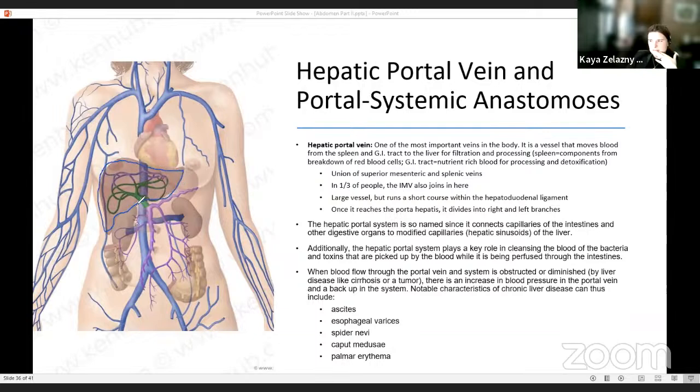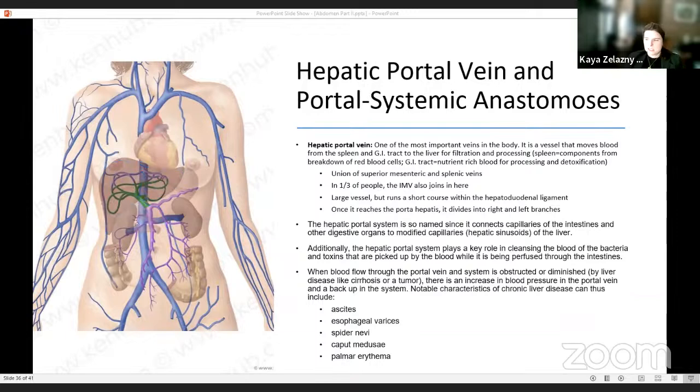You are decently likely to make it more difficult for blood to flow through it, right? Which means that the blood that is trying to come back from the GI tract, get filtered by the liver, and ultimately come back to your systemic circulation is going to build up. So you can end up with an increase in blood pressure and a backup in that portal system.